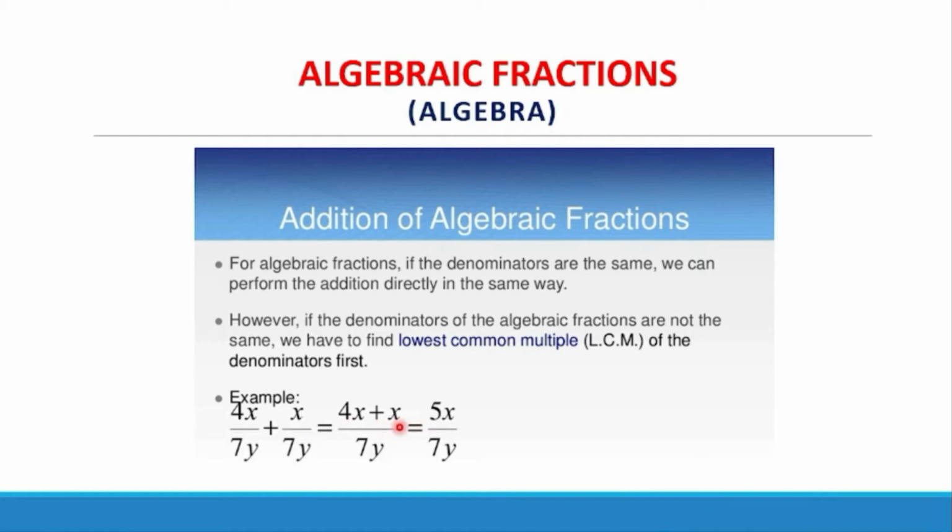So 4x plus x all over 7y is equal to, combining like terms, 4x plus x, or 5x all over 7y. And this is the answer.